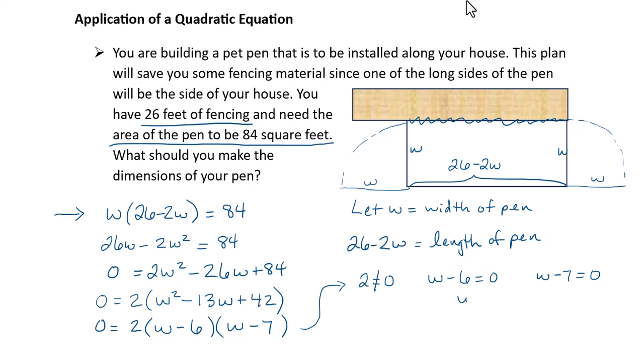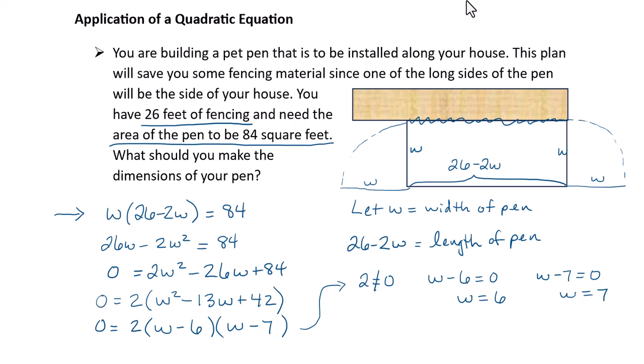And here I have w equals 6, and here w equals 7. So the width of my pen is either 6 or 7. Let's see which one makes sense here.